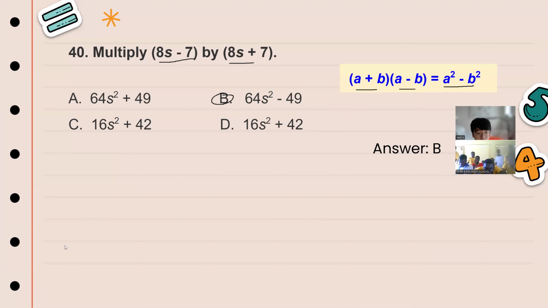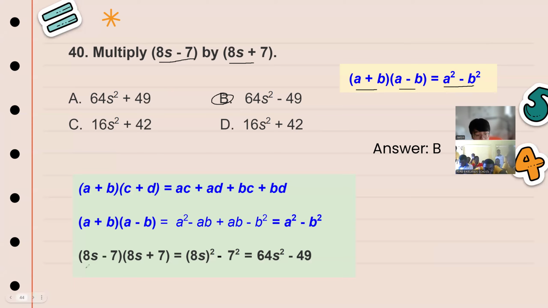So in this case, we had 8S as A and 7 as B. So we have 8S squared minus 7 squared, which is 64S squared minus 49. And that answer is B right here.